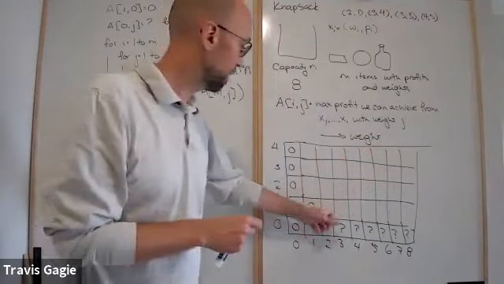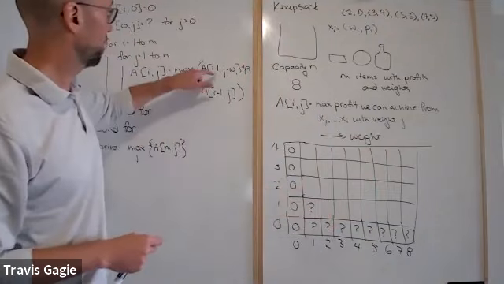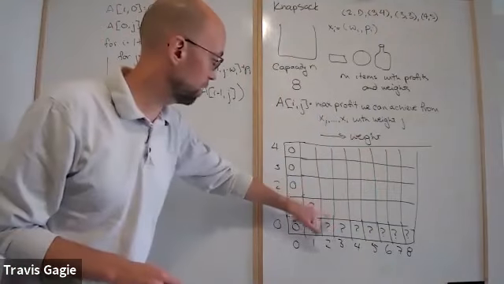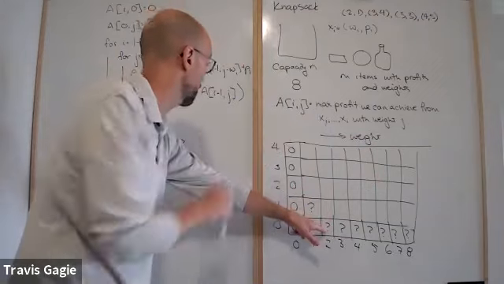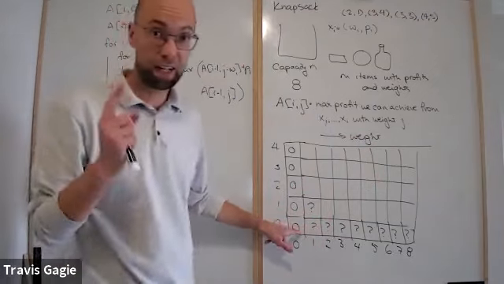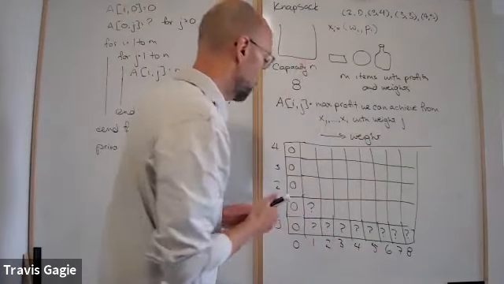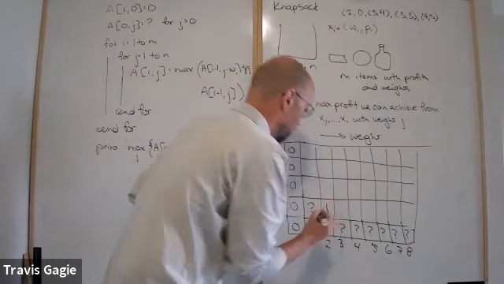So here, we're looking at I minus 1, you go down, and then you go to the left by Wi, which is 2, so you're over here. And then you add Pi, which in this case is 1. So here it is a 1.